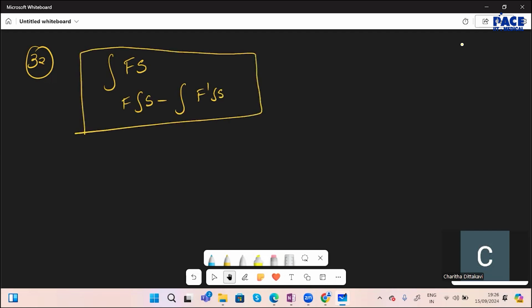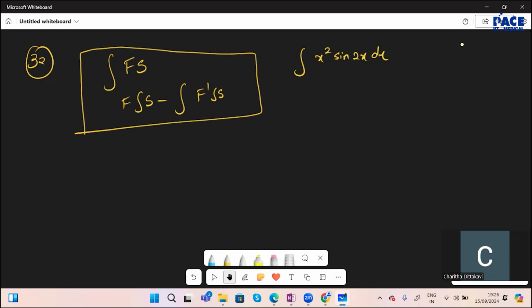Before going for the next problem: integration by parts, I think most of you know that. The integral of first function into second function is first function into integral of second, minus integral of derivative of first into integral of second. Now the 32nd question is based on the integral of x square sine 2x dx.